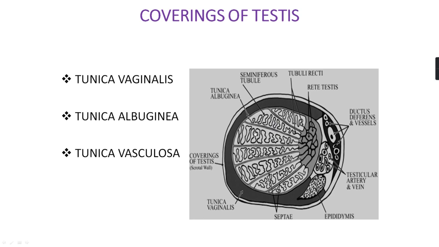And the tunica vasculosa is the innermost vascular coat of the testis, lining the lobules that are present inside the testis. So 3 layers: tunica vaginalis, tunica albuginea, and tunica vasculosa.